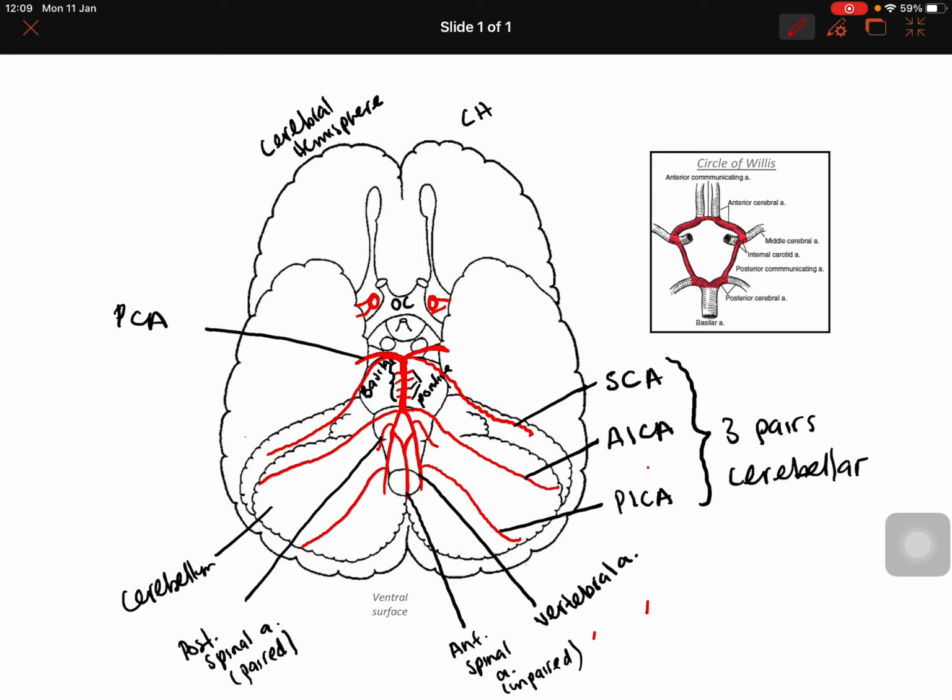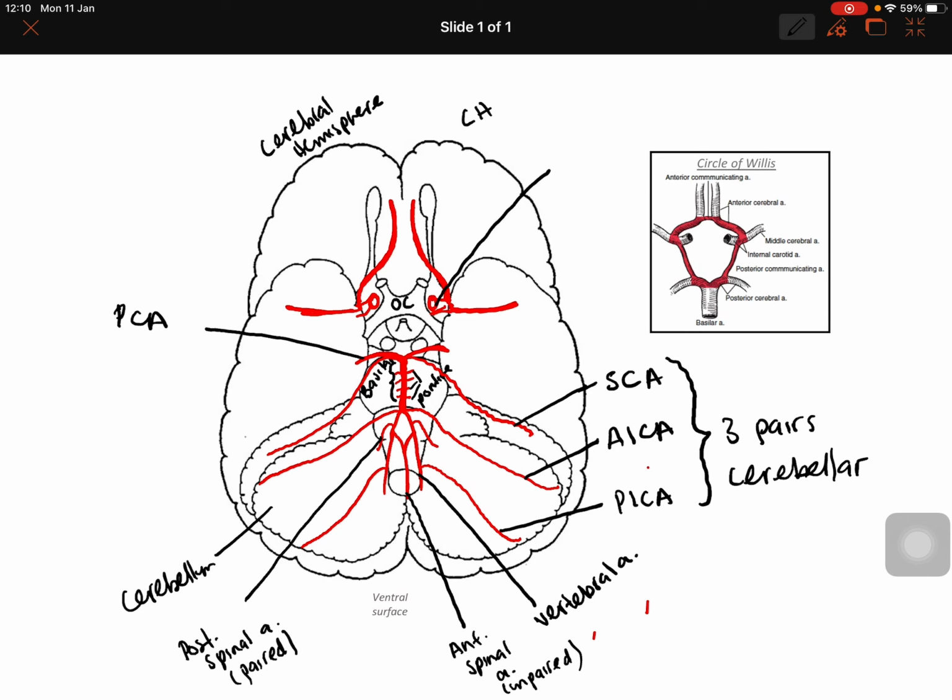I'm just going to draw them here. Each of them is going to give rise to a middle cerebral artery and an anterior cerebral artery going medially and forwards.